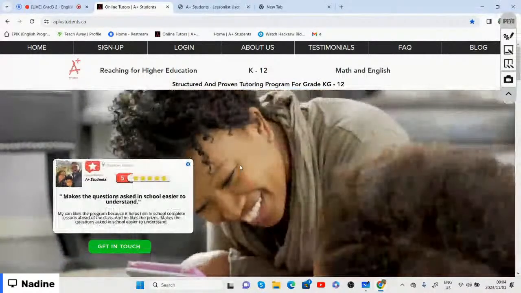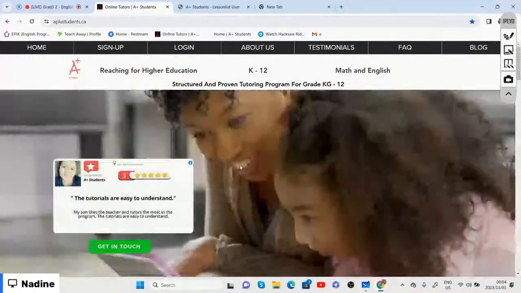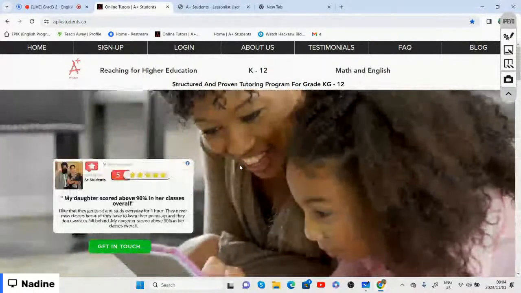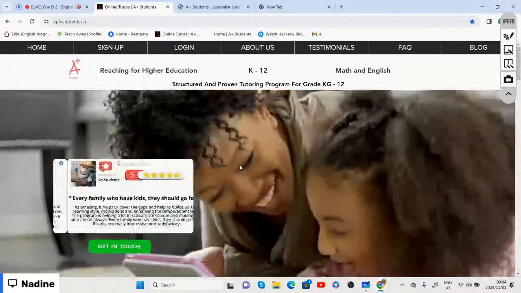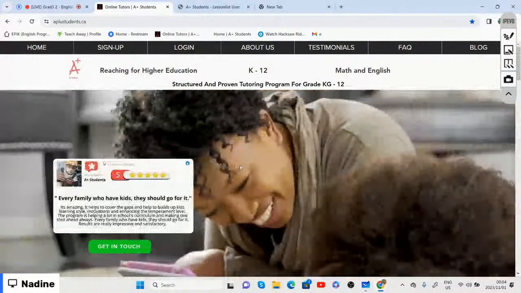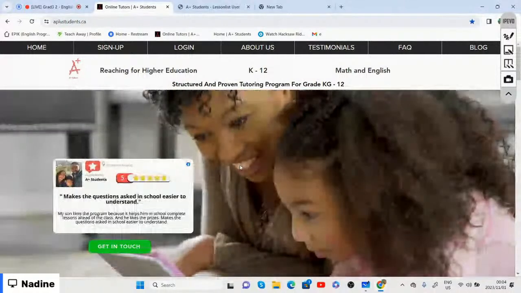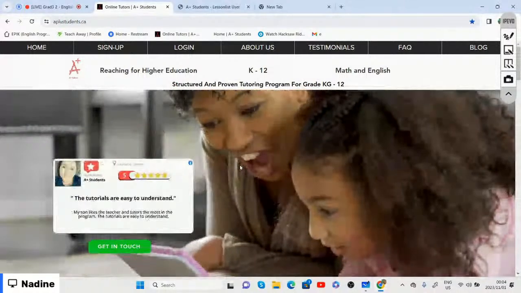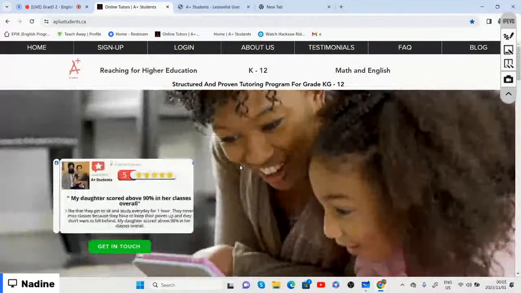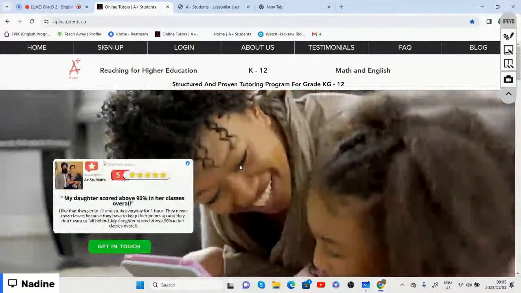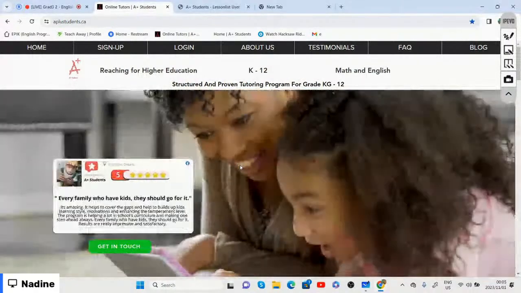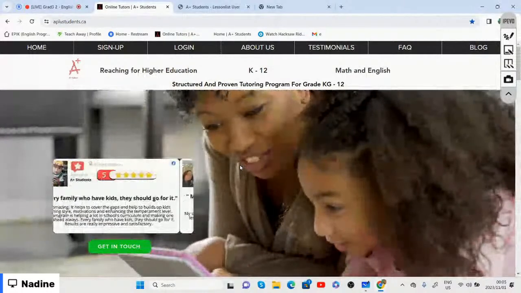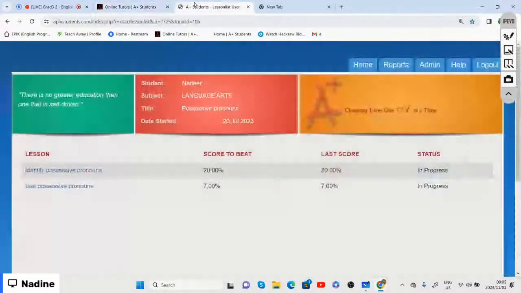Once we've logged into aplusstudents.ca with our username as well as our password, we're going to select the subject of language arts, and then grade 2. Then we're going to scroll down until we get to the chapter of possessive pronouns.